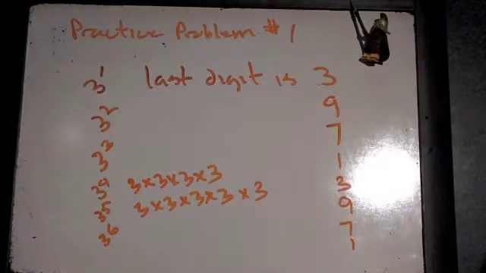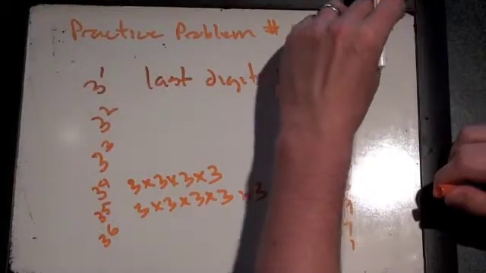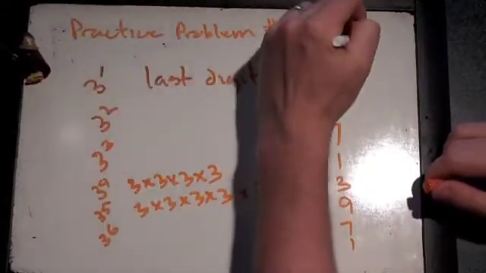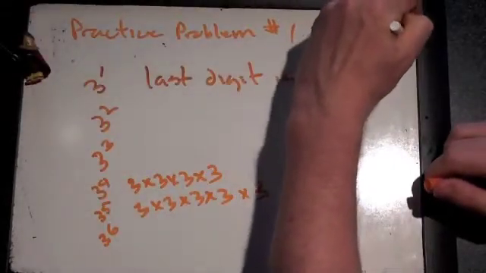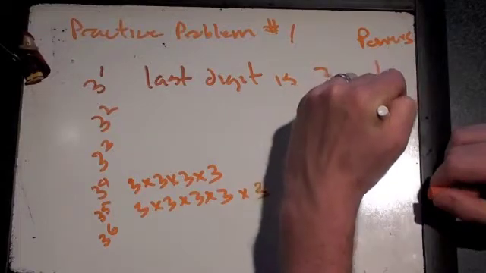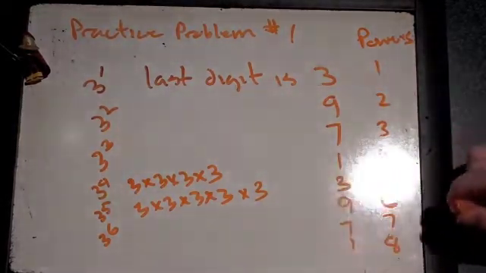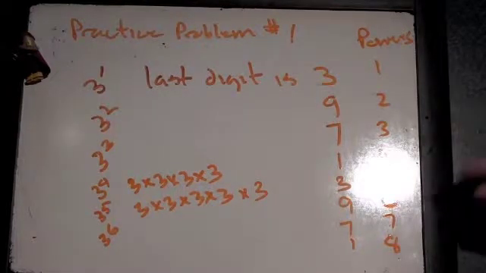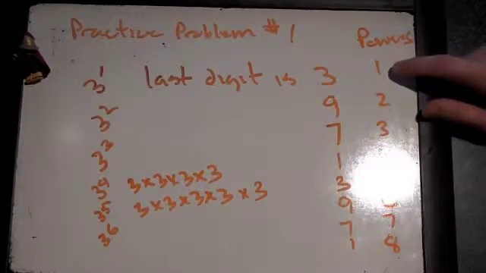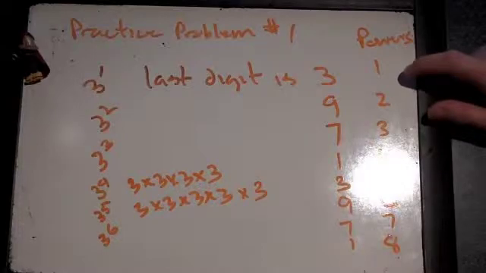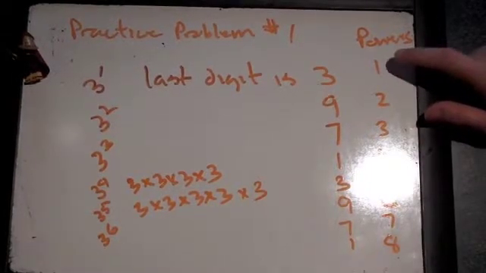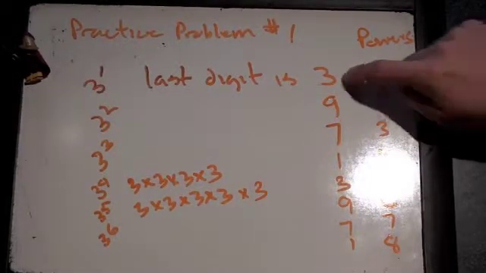So this is interesting, and we'll do the powers here: 1, 2, 3, 4, 5, 6, 7, 8. If you look at the power and you have a remainder 1 when divided by 4, the last digit's a 3.